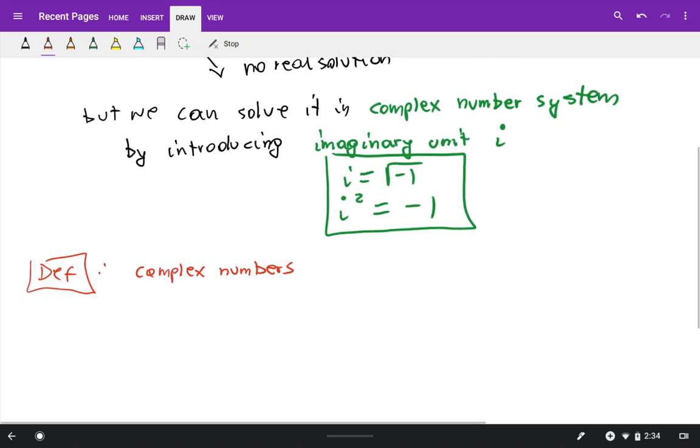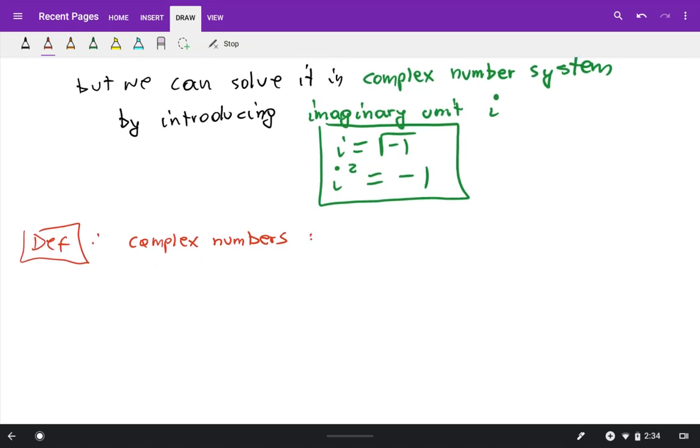Complex numbers are numbers which have the form a plus bi, where a, we call it the real part. And the coefficient b, it's called the imaginary part.